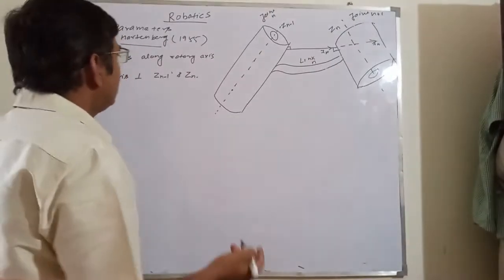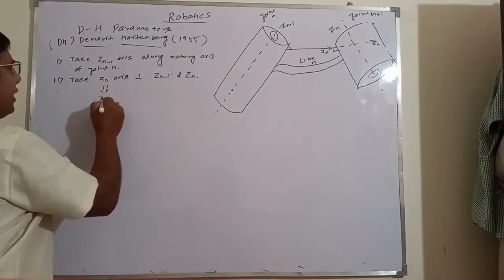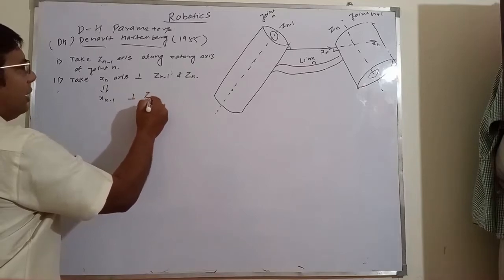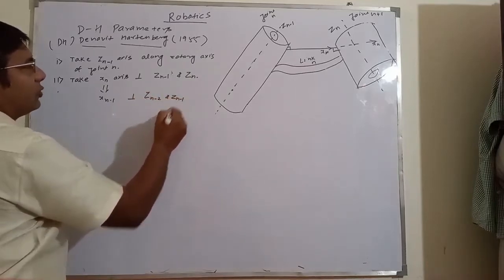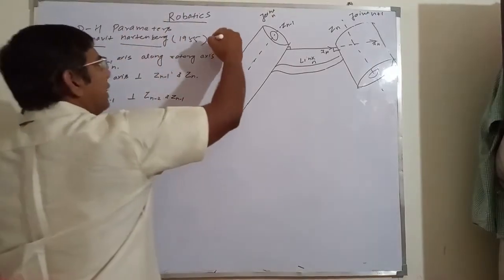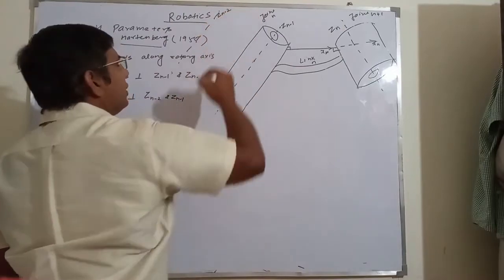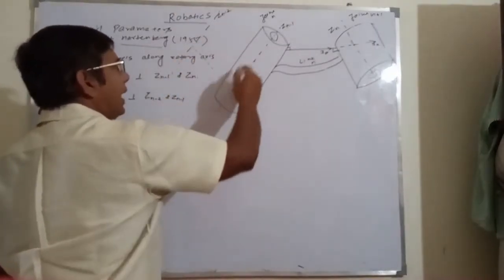So what will be xn minus 1? From here we can see that xn minus 1 will be perpendicular to z n minus 2 and z n minus 1. So somewhere here z n minus 1 will be, and z n minus 2 will be here. So it will be perpendicular to this one and this one.